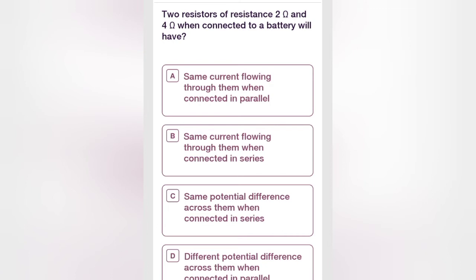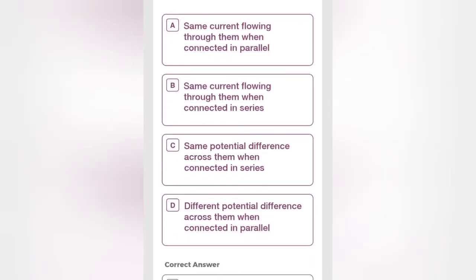Same current flowing through them when connected in series? That's right. Same potential difference across them when connected in series? No, in a series connection voltage divides. So this is wrong. And option D, different potential difference across them when connected in parallel? No, they have the same voltage. So option B is the correct answer.